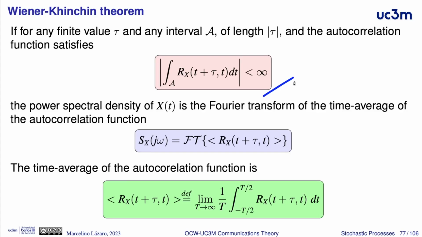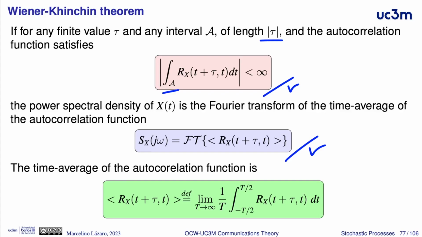If this autocorrelation function satisfies some conditions, basically it's a function that doesn't go to infinity for every time instance, mathematically, if for every interval of duration tau we have a finite integral of the autocorrelation function, the power spectral density can be obtained as the Fourier transform of the time average of the autocorrelation function.